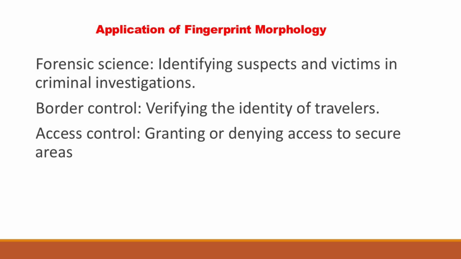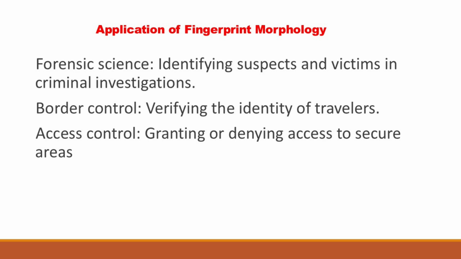Forensic morphology refers to the study of the patterns and shapes of prints or fingerprints. Fingerprint morphology is used in various applications. For example, it is used for access control, in granting or denying access to secure areas, or in border control to verify the identity of travelers.